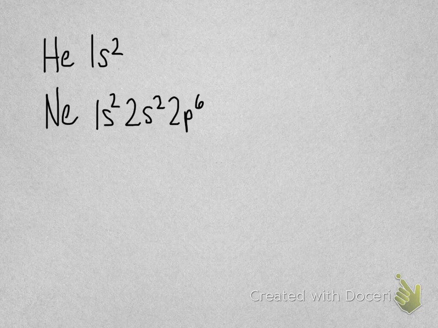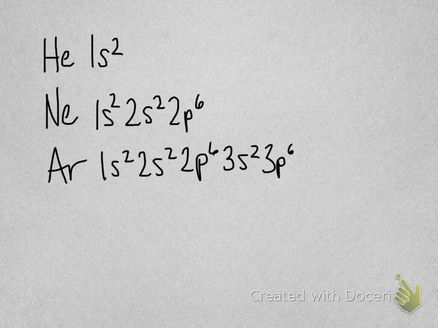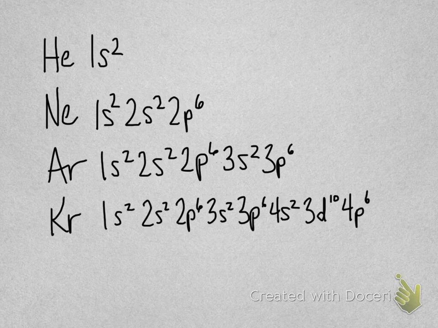Let's start with our very first noble gas. In the first period, group 18, we have helium with a 1s2 arrangement. Next comes neon with 1s2, 2s2, 2p6. Argon, 1s2, 2s2, 2p6, 3s2, 3p6.